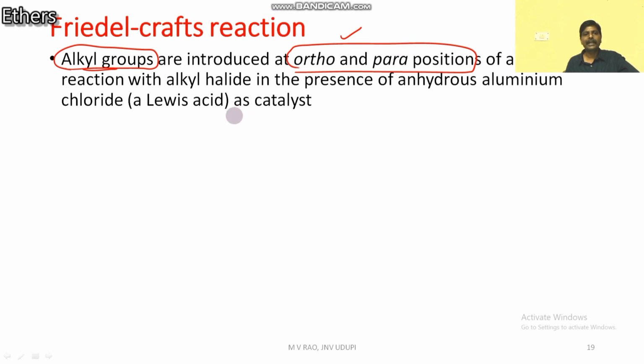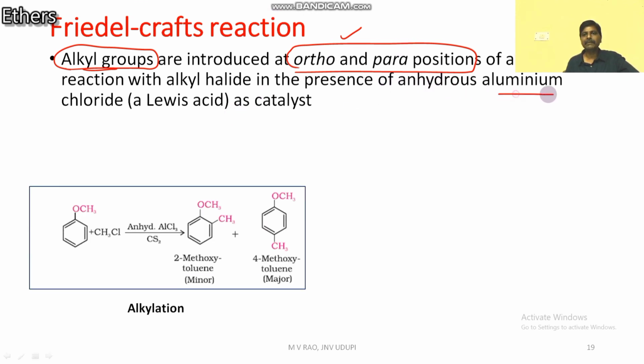Friedel-Crafts alkylation: alkyl groups are introduced at ortho and para positions, because already you have seen OCH3 is ortho and para directing group. In the presence of Lewis acid catalyst, that means anhydrous AlCl3, anisole is treated with alkyl halide. This alkyl group attacks at ortho position or para position. The para product is major product, ortho product is minor product.